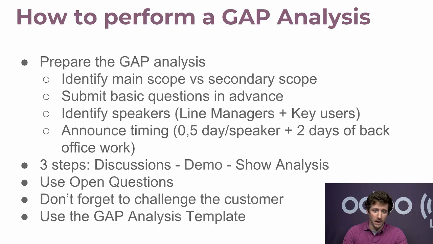Usually when I perform my gap analysis, I follow 3 different steps with each person I interview. I always start with an open discussion, asking them how they perform their job, what kind of tasks they are doing, and how they do it. I try not to focus too much on the legacy system they have, because they will always try to explain how they did it in their previous system, and we are not trying to replicate exactly what they did before.